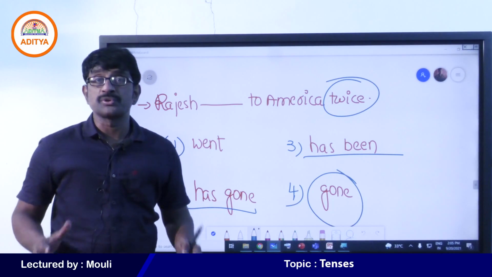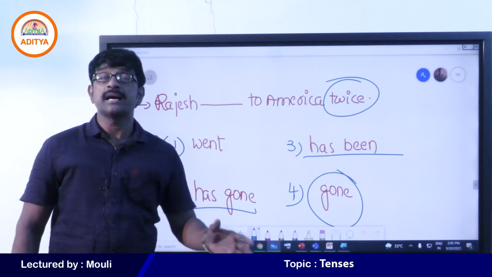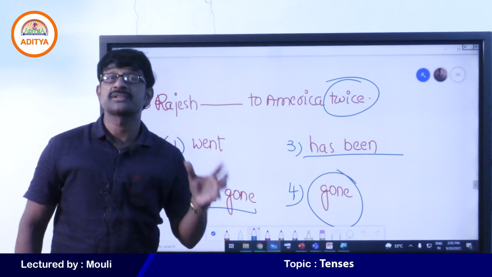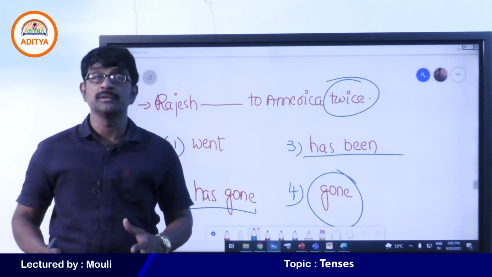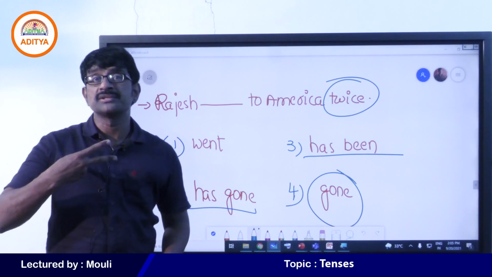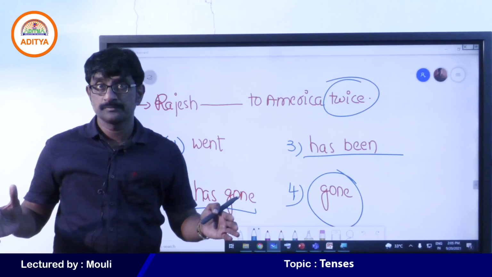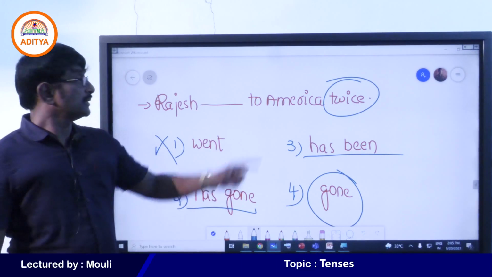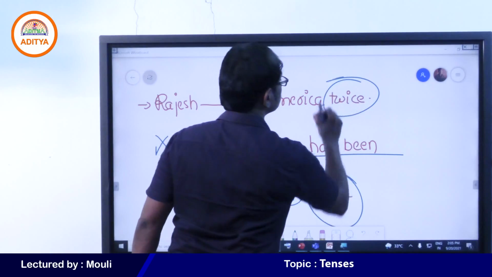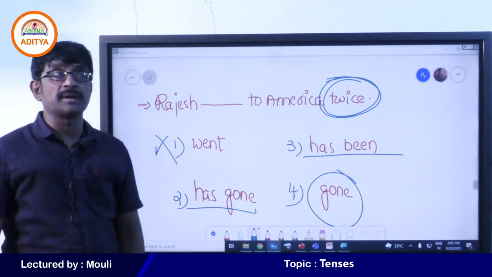When this kind of question is given in the examination, everybody gets confused whether it is has been or has gone. But there is a simple solution for this, and you look at this: twice.